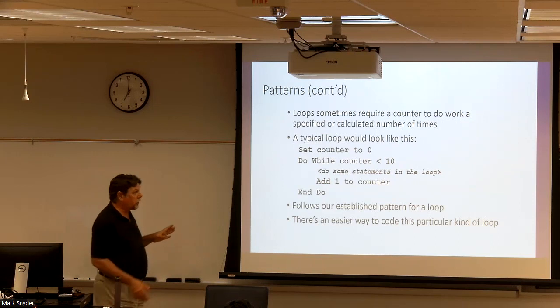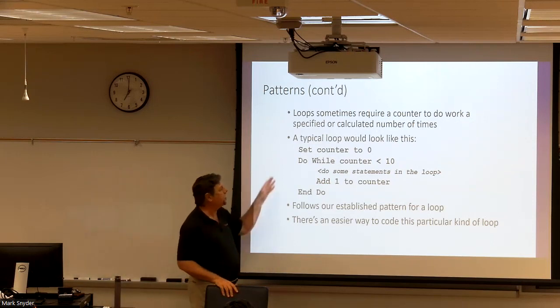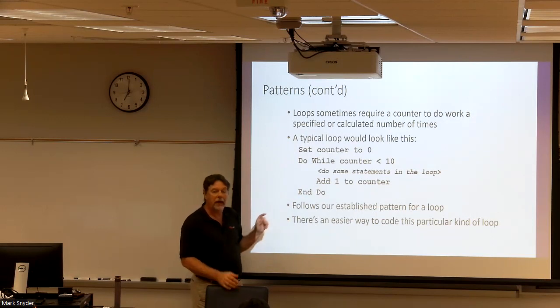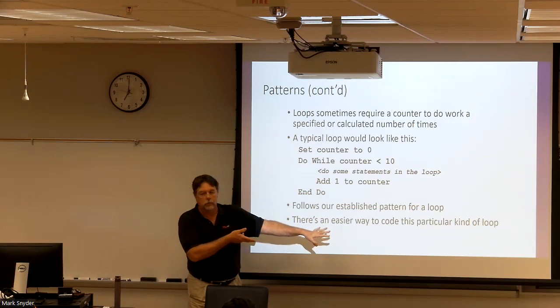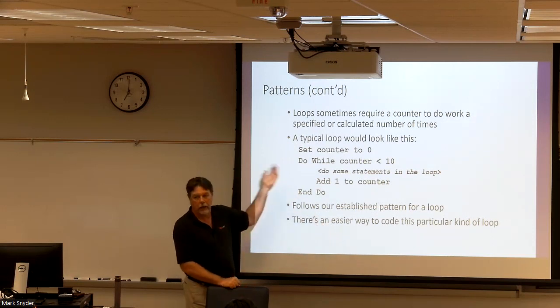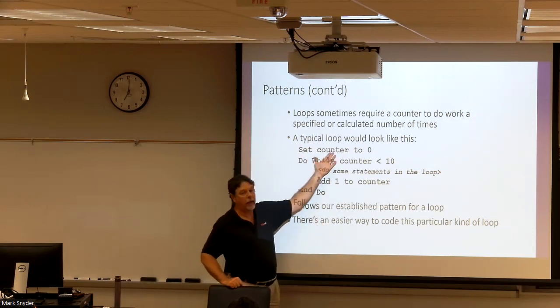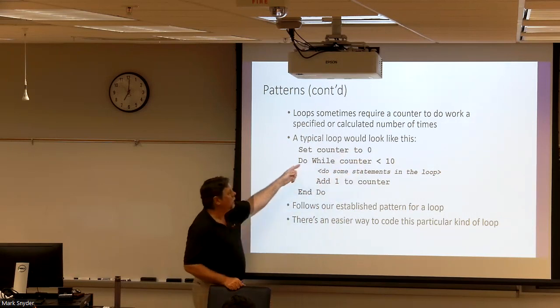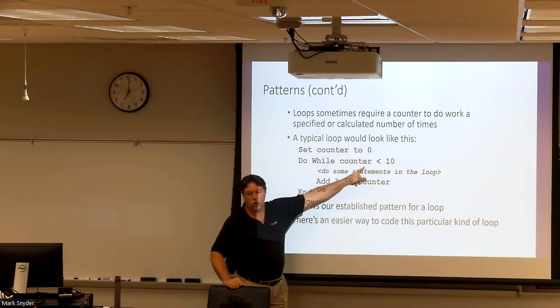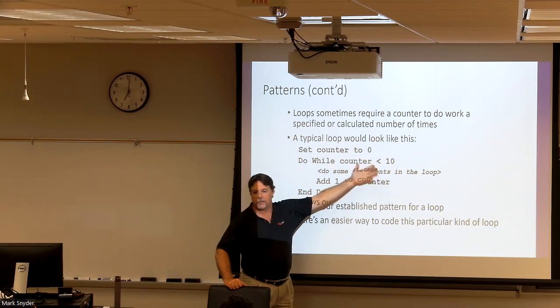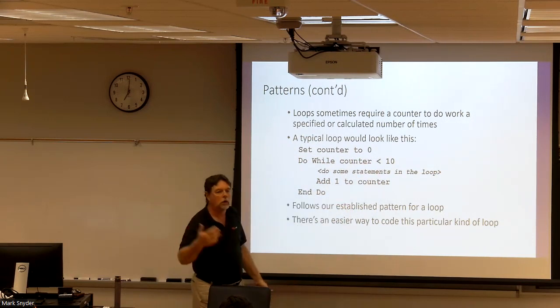All right, so there's a kind of loop. This is called a counter-controlled loop. So we had a sentinel controlled loop before. This is a counter-controlled loop. Why? Because we're going to set a counter variable to 0. We're going to base our loop on this being less than some upper value.